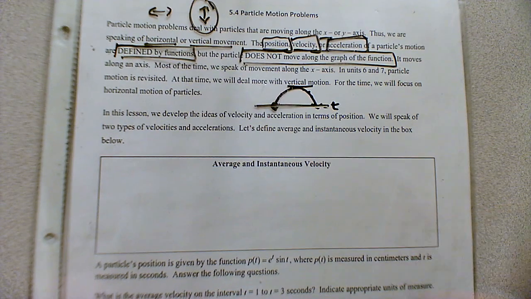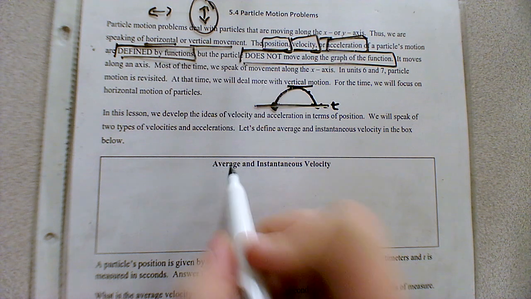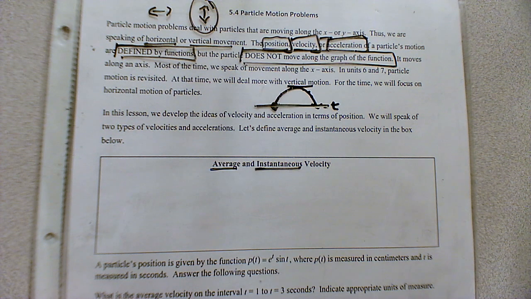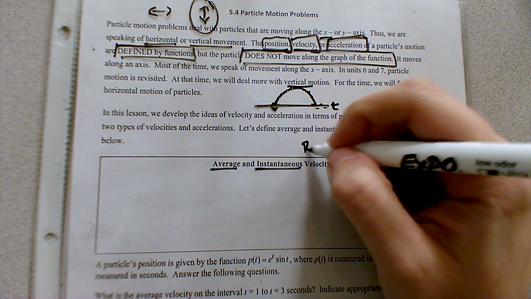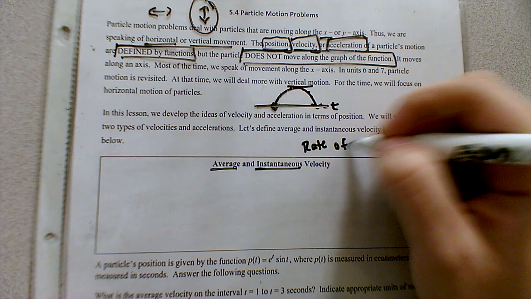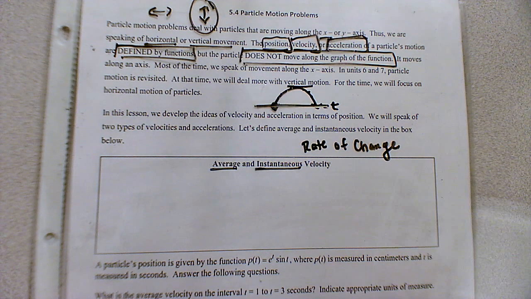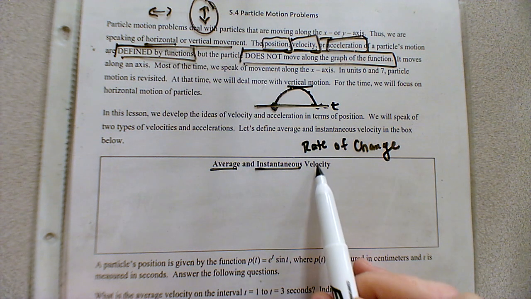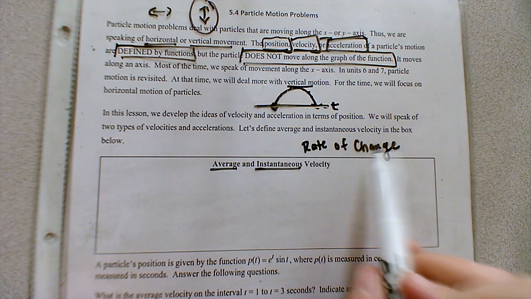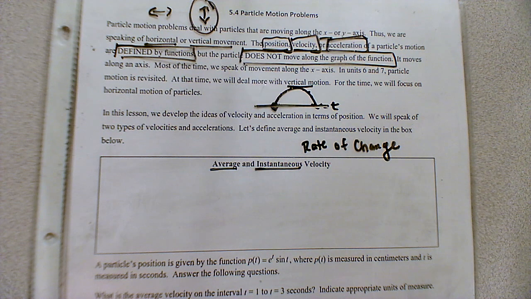So when we talk about average and instantaneous velocity, we've already seen these two words before, average and instantaneous, and typically up to this point, following those words have been rate of change. Now, in this case, we're dealing with velocity. So velocity is technically representing the rate of change of something, but we have to kind of think about what that something is.